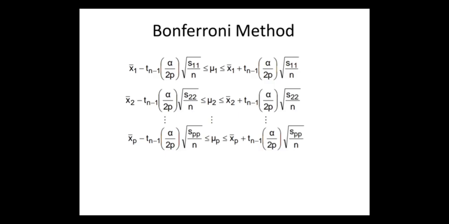So dia punya interval untuk Bonferroni method ni lagi shorter, lagi kecil, so we can say that it's more precise lah, sebab dia punya confidence interval tu lagi narrow. So it is more precise than the simultaneous T-square interval. So because of that, most of the researchers usually use the Bonferroni method to calculate the simultaneous confidence interval. Okay.